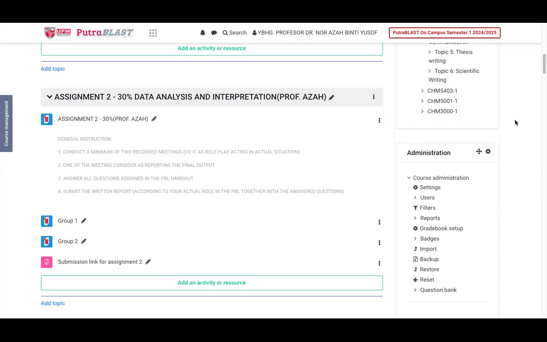Okay. So what you need to do, the instruction is clear in the Putra Blast. I will show you what the group one title and group two title are after this. But what you need to do first is to understand how to do it. And you will have the title, you will have the supporting information together, all in here.